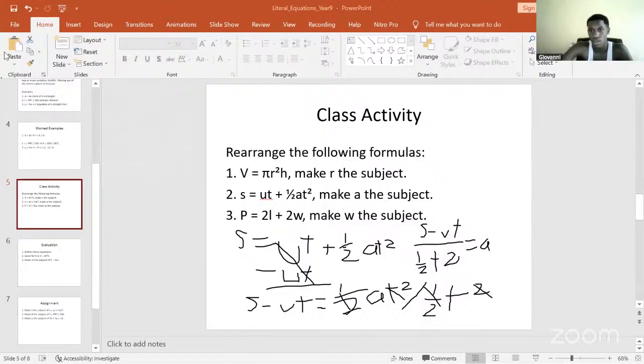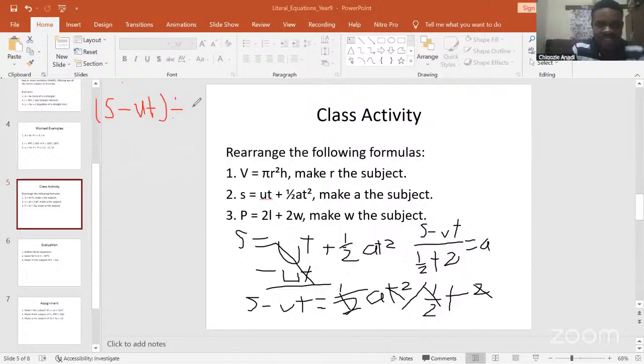Oh yeah. But you know that you can rewrite this by having it this way: s minus ut, divided by t squared all over 2.